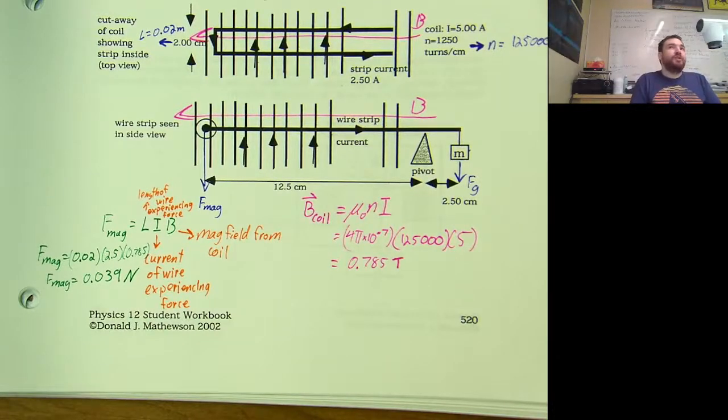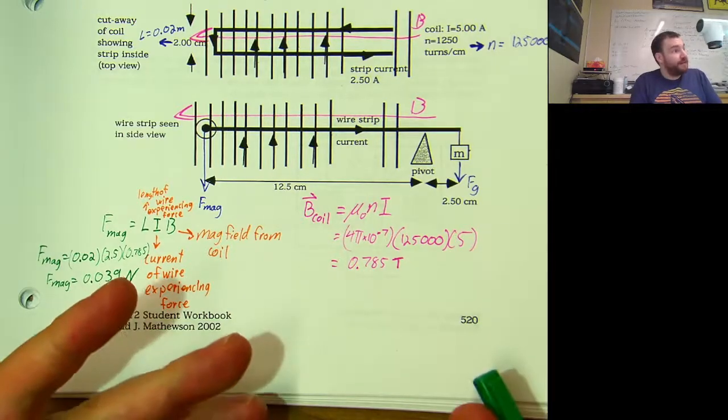Okay, so making progress. We don't have the mass of the strip. We're going to assume the mass of the strip is very, very small compared to the magnetic forces it's experiencing. They don't provide it for us.